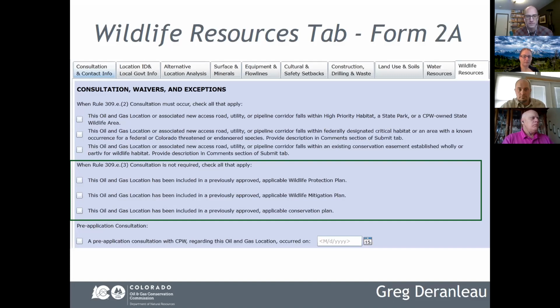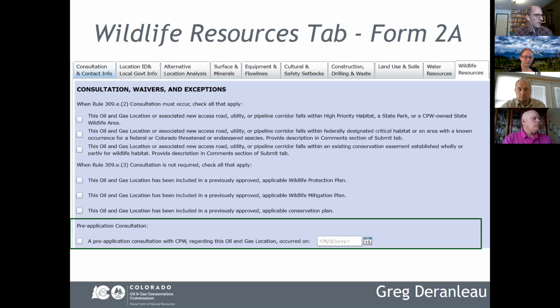And next slide, please. And this final data field on the upper section of this tab is an indication if and when a pre-application consultation was held with CPW. So you would check the box, and if you check the box, you must include a date.